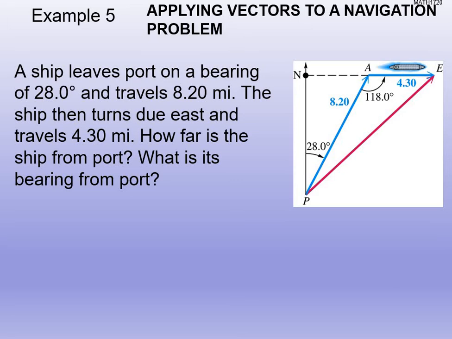Important part being, how does that 118 come about? Well, notice if we look at triangle P going up to N, where the north piece is over to E, that's a right triangle. So we can take 180 minus 90 minus 28, which gives us 62, correct?